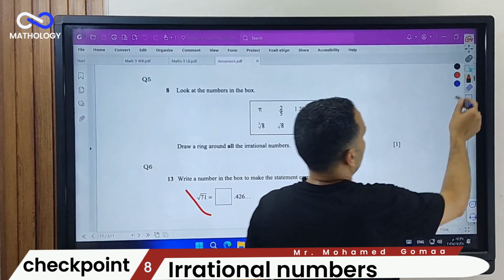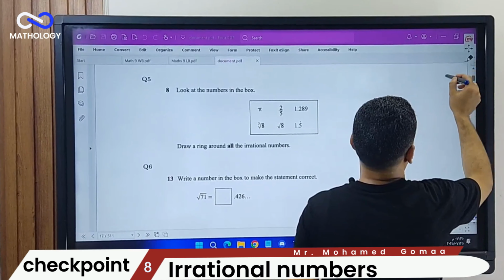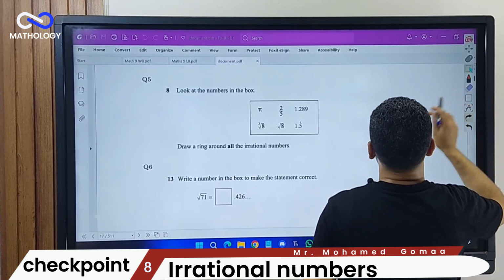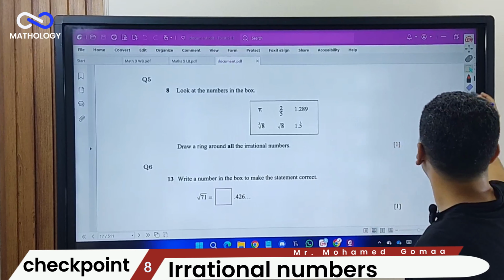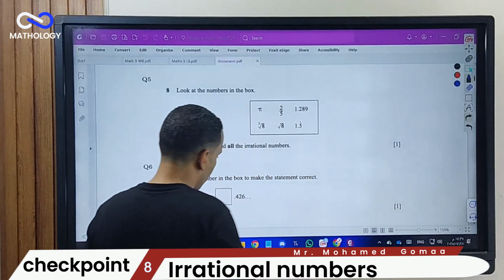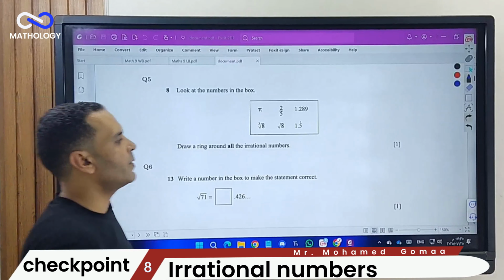Write a number in the box. The square root of 71 equals a whole number point 426.